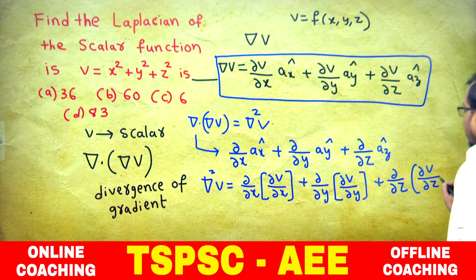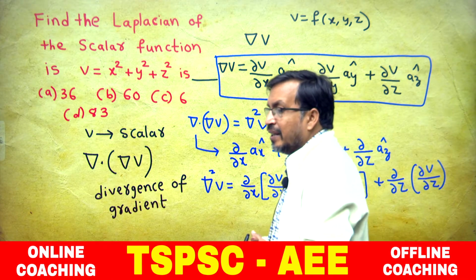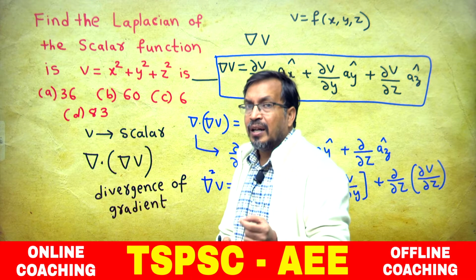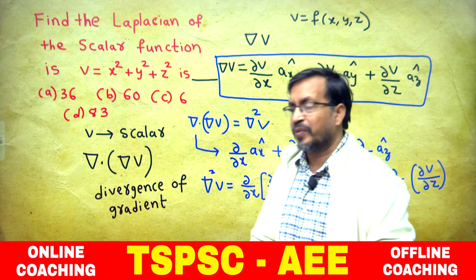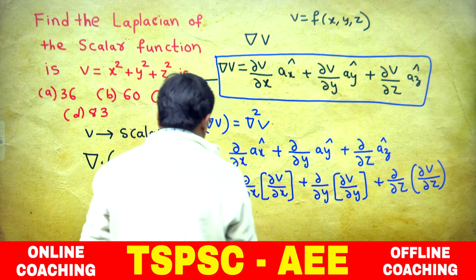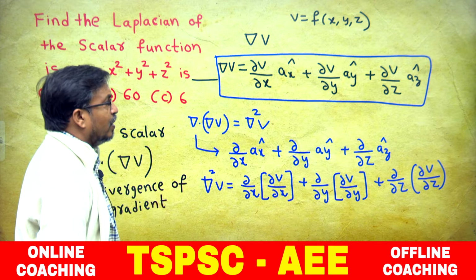This is the dot product of two vectors, del and the given vector, simply divergence of gradient, simply the Laplacian formula. Note down these 3 points, very important.